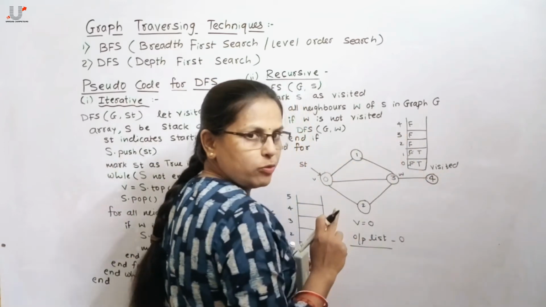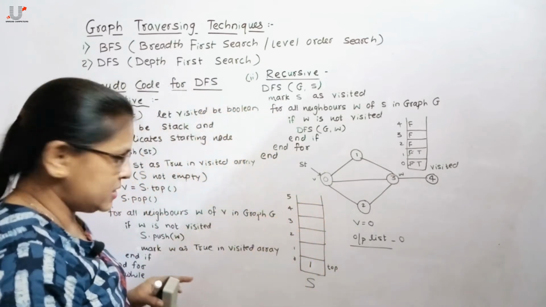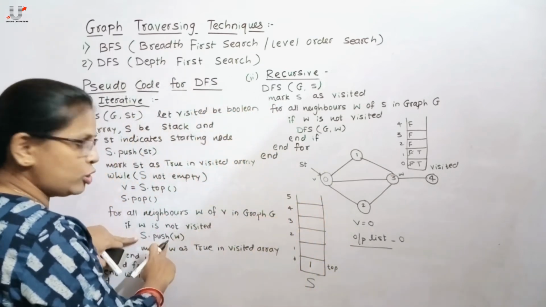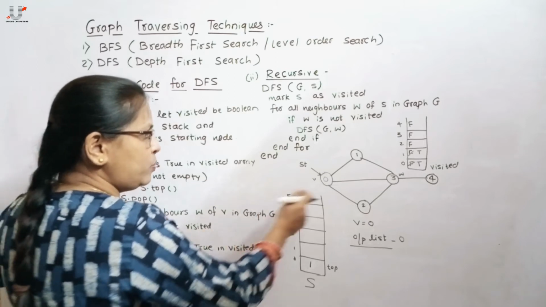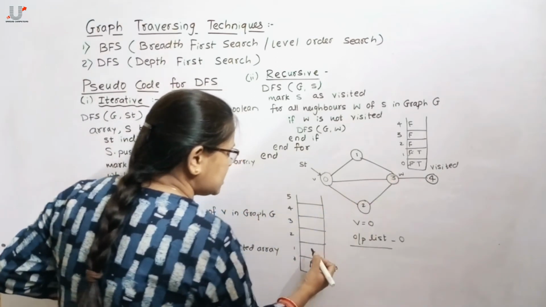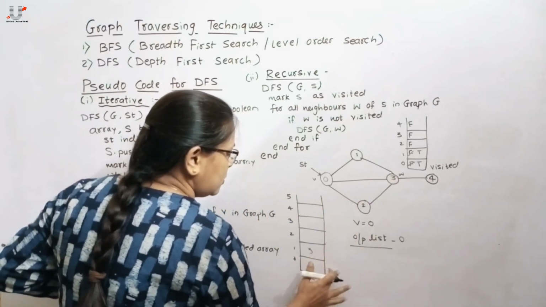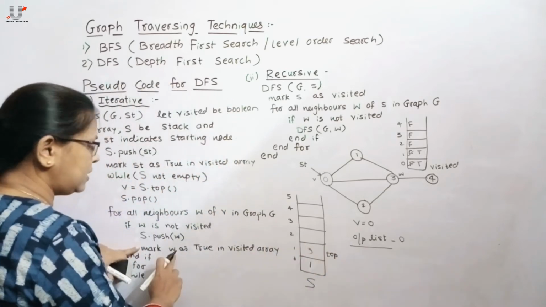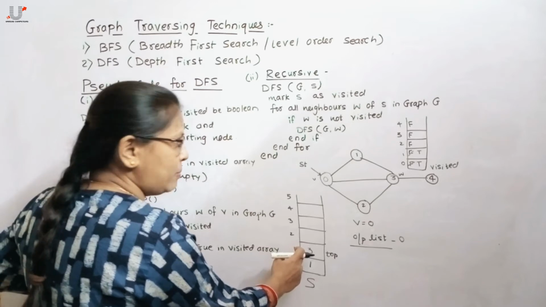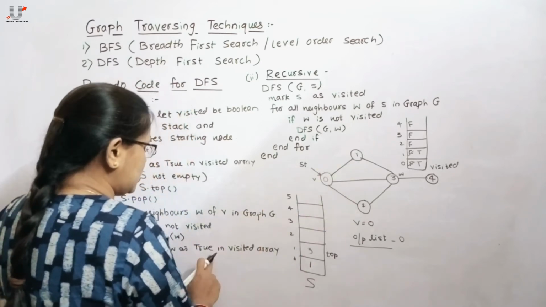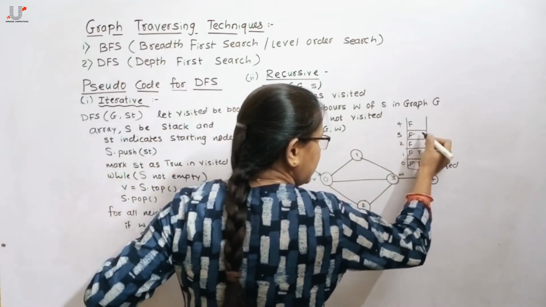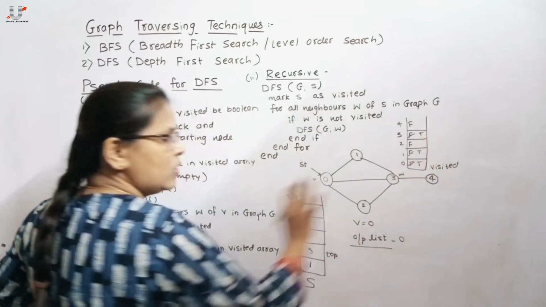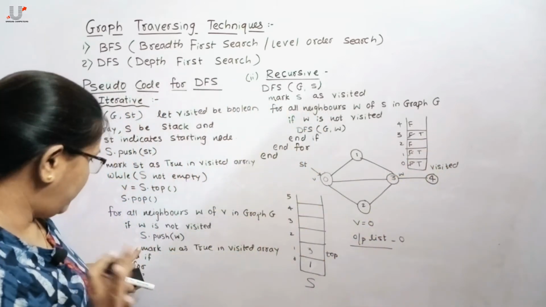As it is initially false, it has not yet been visited. Then S dot push w. Now we push that w into the stack. So it gets pushed. Then mark that w, that is 3, as true. That means now 3 has been visited.